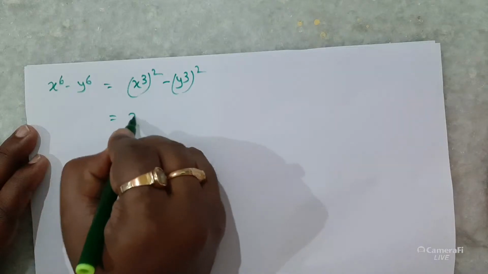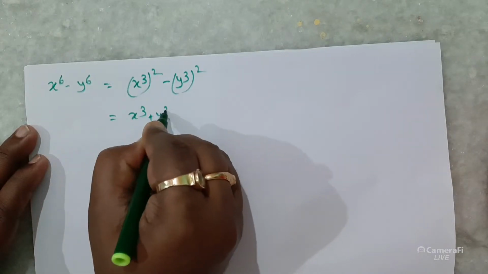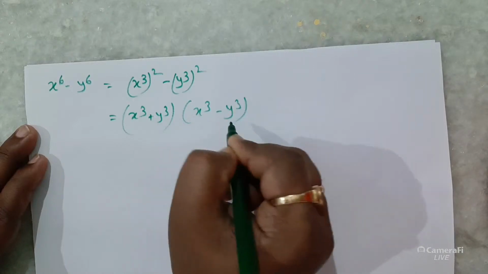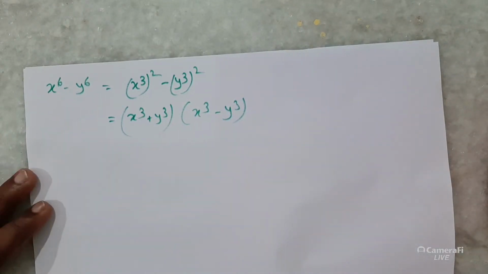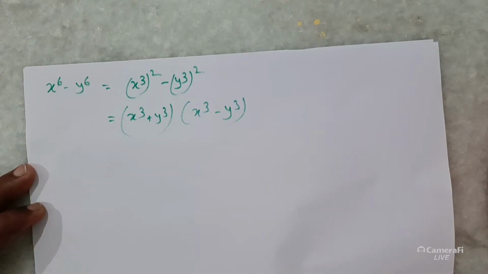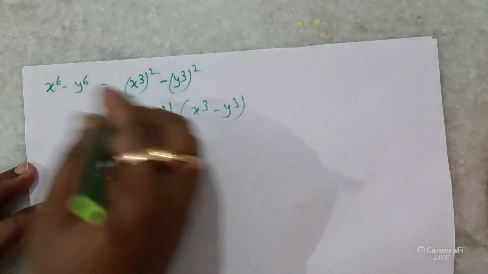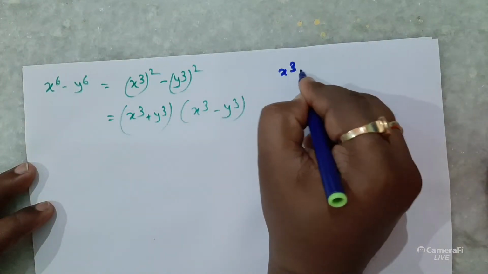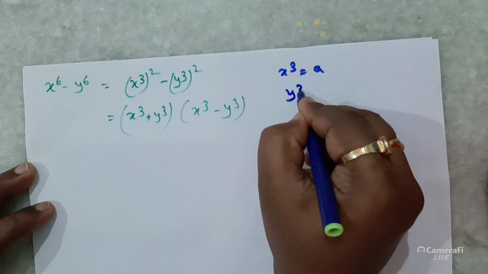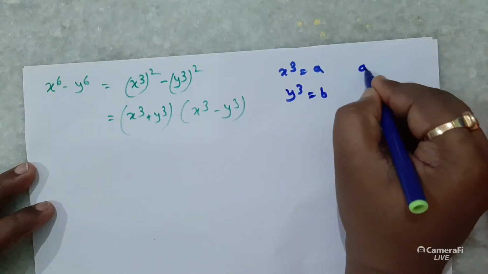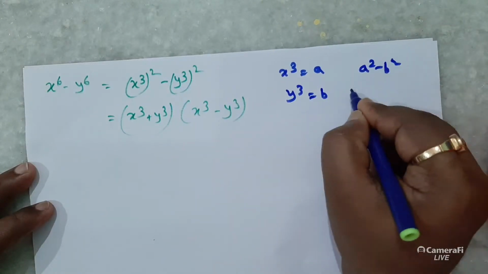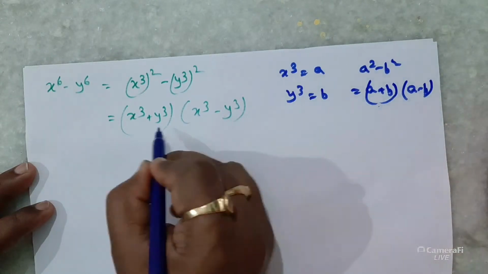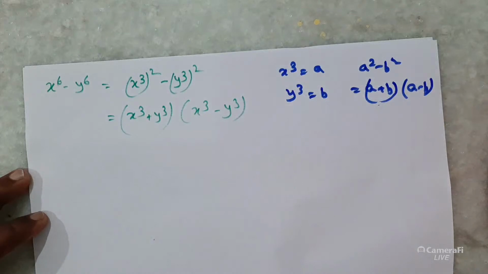So it will be x cube plus y cube into x cube minus y cube. Okay, this formula. Now if anybody does not understand, then x cube equals a, y cube equals b, then a square minus b square equals a plus b into a minus b. That formula we have placed here.